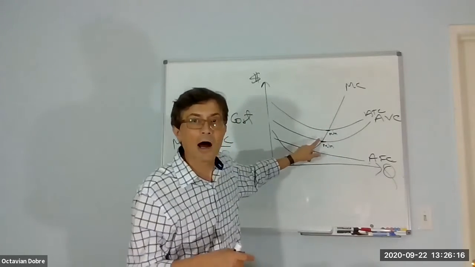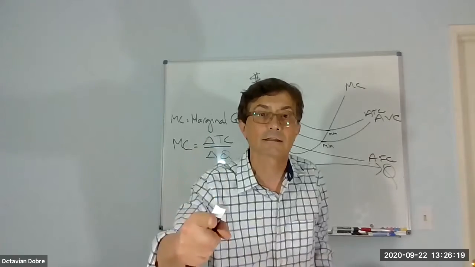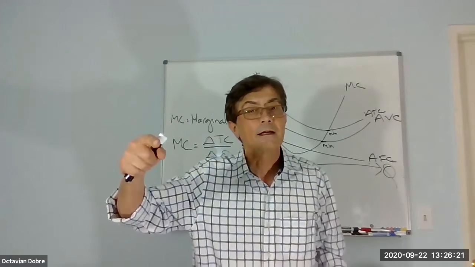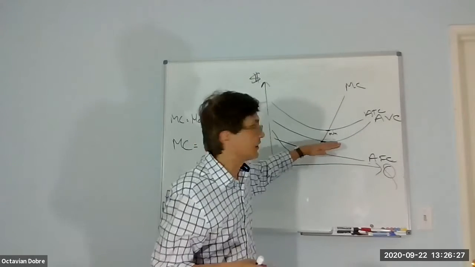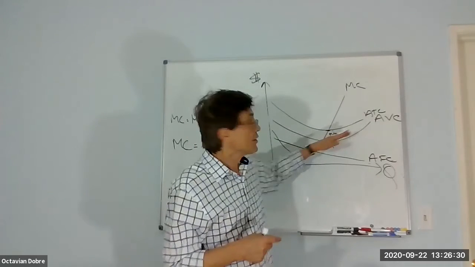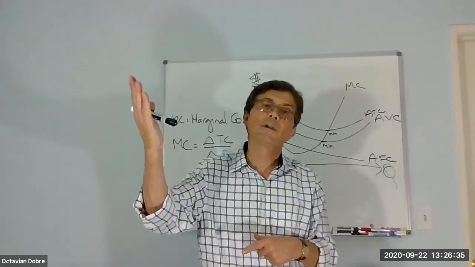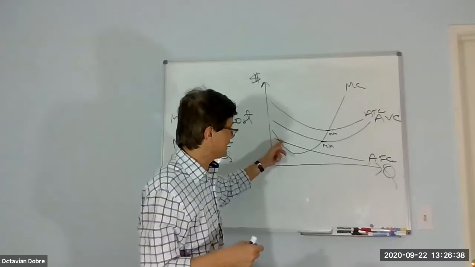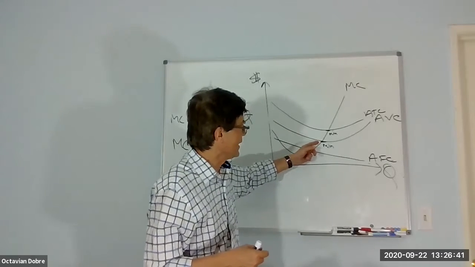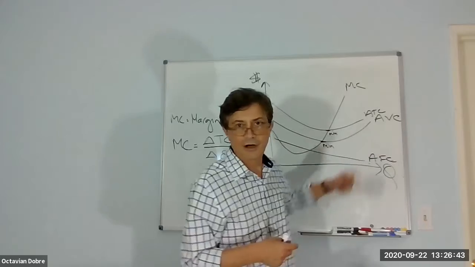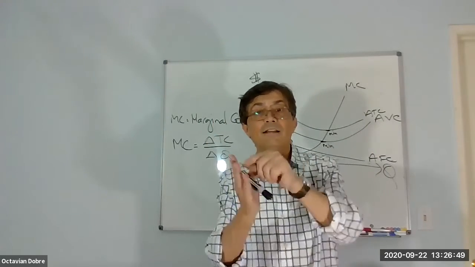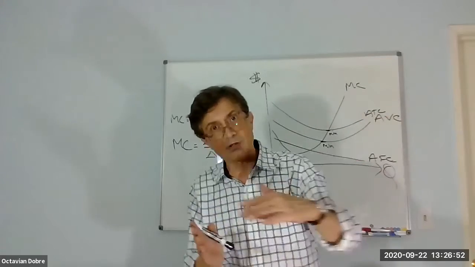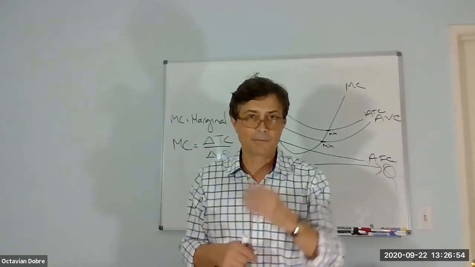As soon as somebody comes into the class and has a GPA that is higher than the average of the class, they will pull the average of the class up. So as long as it's below, the average goes down. As soon as it's above, the average goes up. So the only point where it can cross the average is at the point of inflection, where it stops going down and starts going up.